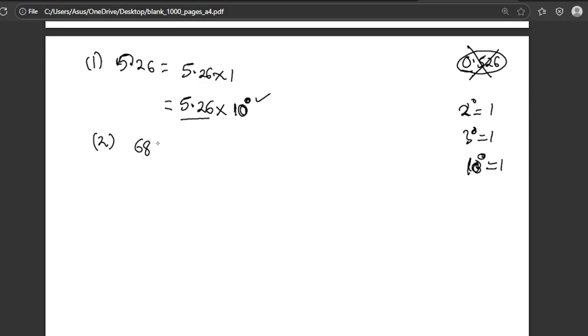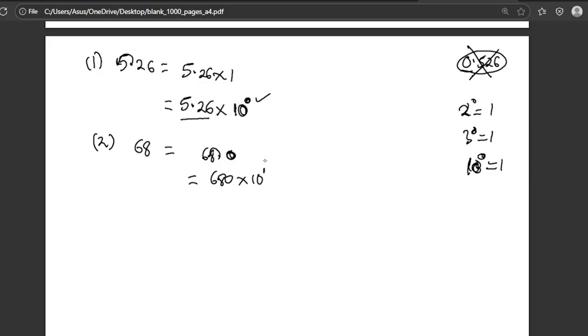We have another number here, 68. This is a number that is also greater than 1. What do we do in this case? We simply write it as 68.0. The decimal point is shifted to the left just once, which equals 6.8 times 10 to the power 1.